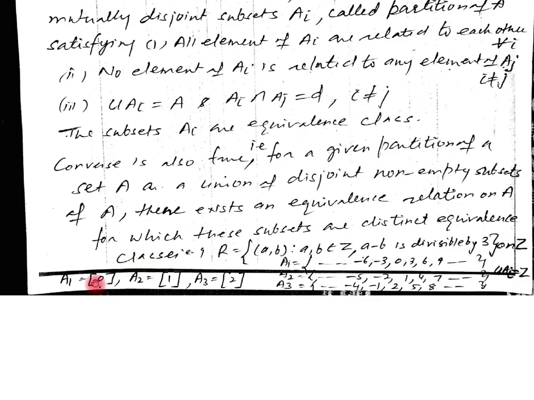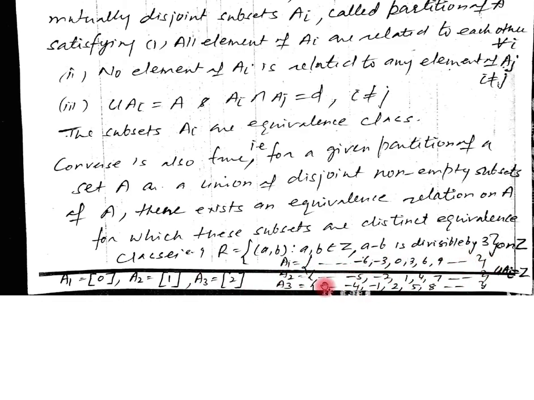Now here A1 is the equivalence class of the element 0, the elements which are related to 0, because when we take the difference of all these elements from 0, they are divisible by 3.